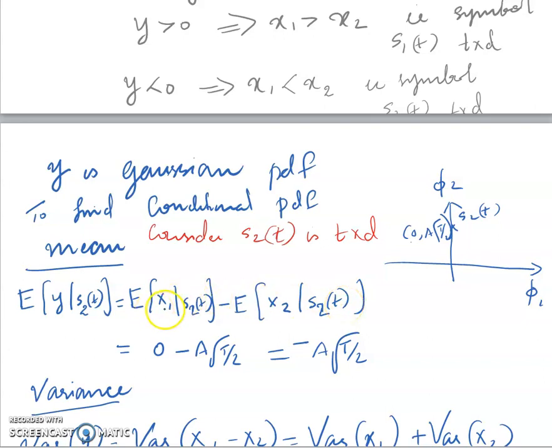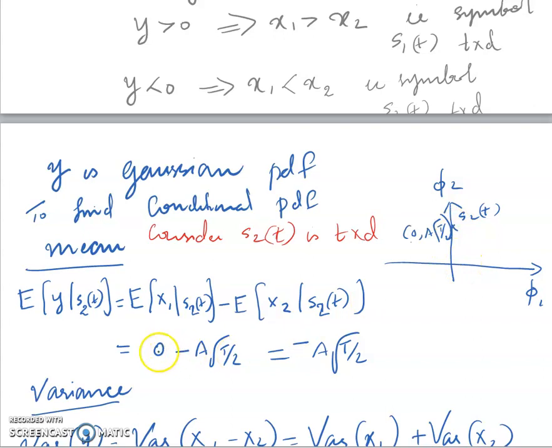Okay. So, we know what the mean is. For a correlator output, the mean will be the same as the coefficient sij, and the variance will be N0 by 2 for the correlator output at the receiver. So, here the correlator output x1: the coefficient corresponding to x1 for symbol s2 is 0.